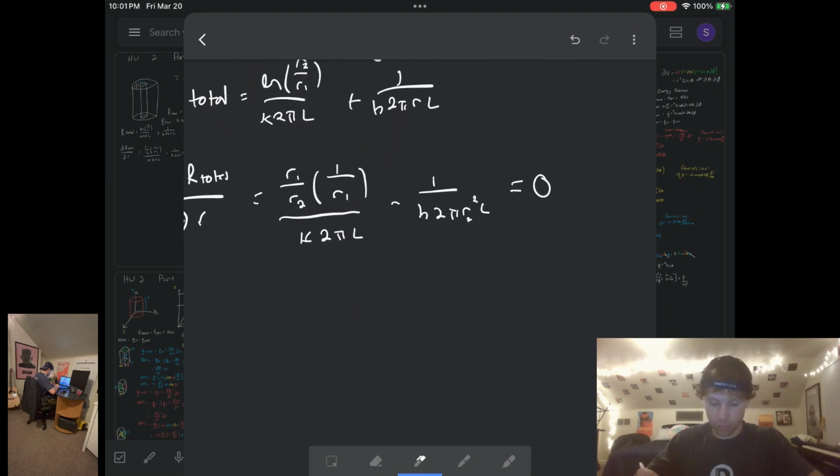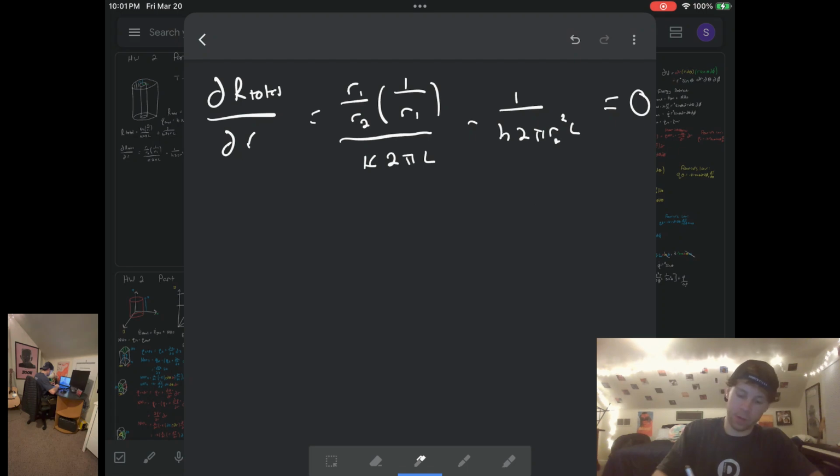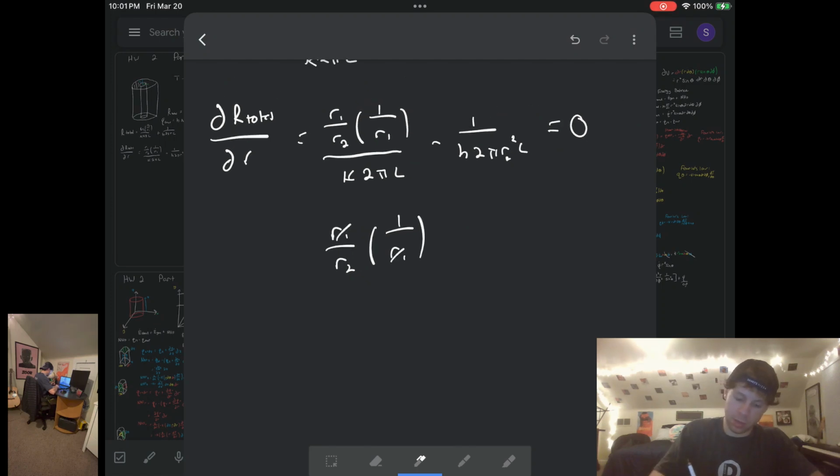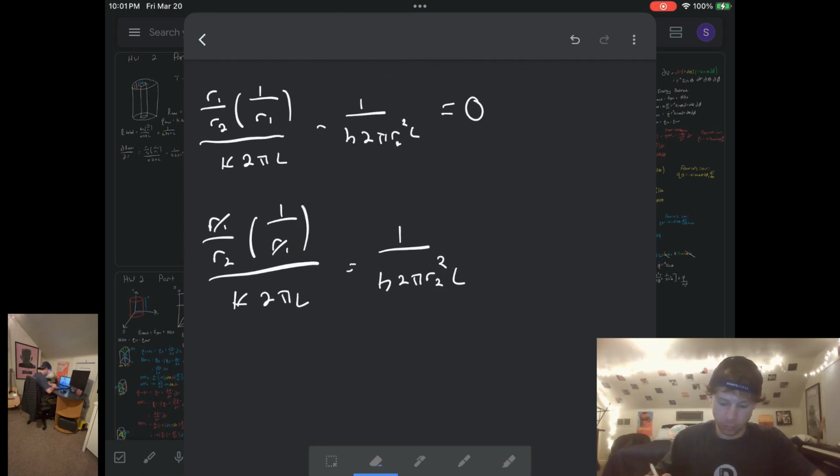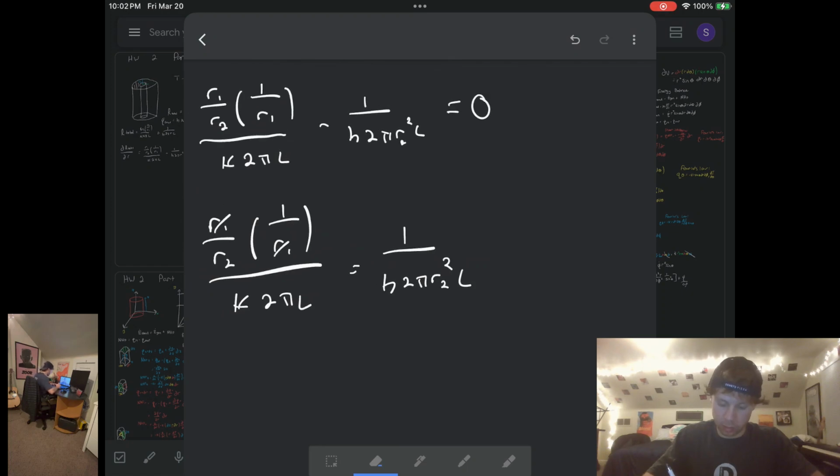So rewriting this, we'll say inside radius over our outside radius times 1 over thermal conductivity times 2 pi L, see these cancel, is equal to 1 over 2 pi L. So if we factor out our 2 pi L, we'll cancel these.